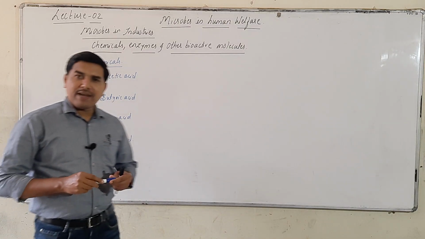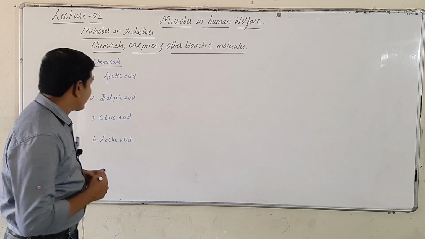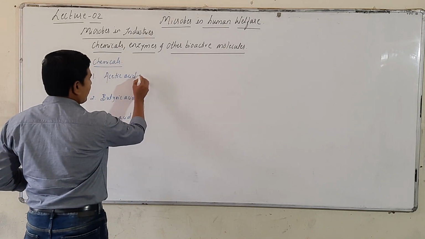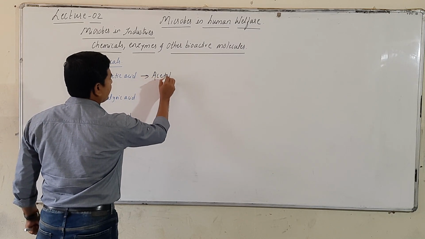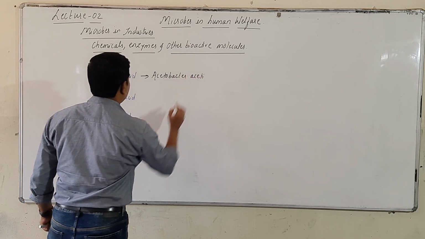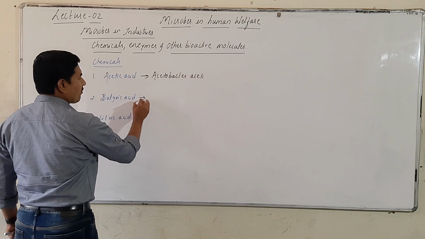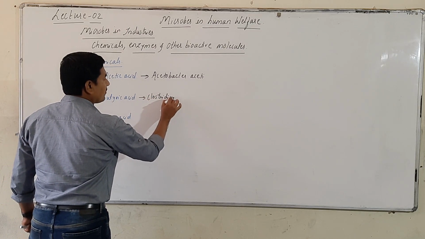Now these are the four chemicals which are produced from different microorganisms. Acetic acid is discovered from Acetobacter aceti. Butyric acid is discovered from Clostridium butylicum.